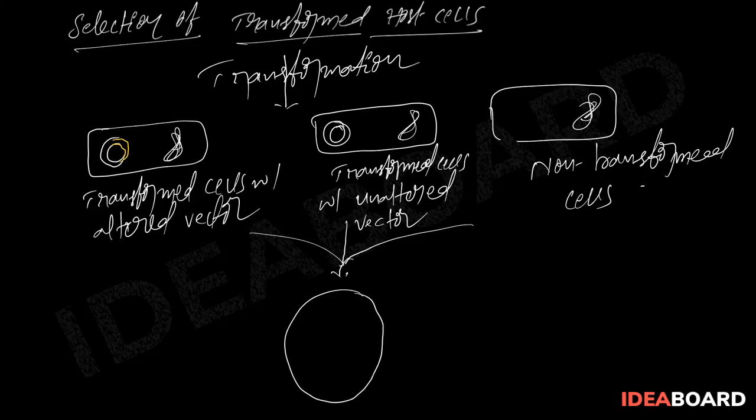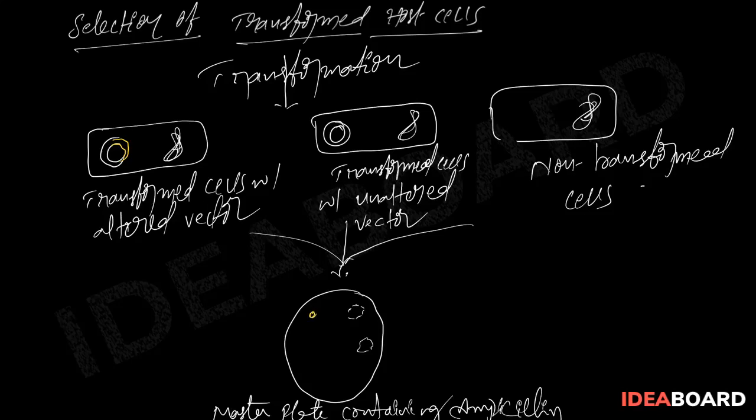So in the medium ampicillin is present. This is what we call the master plate containing ampicillin antibiotic. Since non-transformed cells do not have any antibiotic resistance gene, as soon as they are transferred into the medium, they will die.